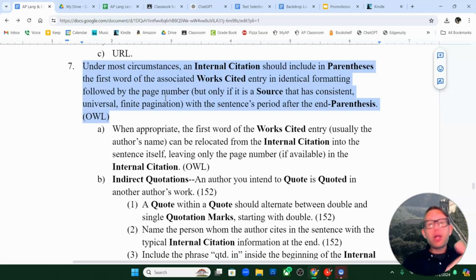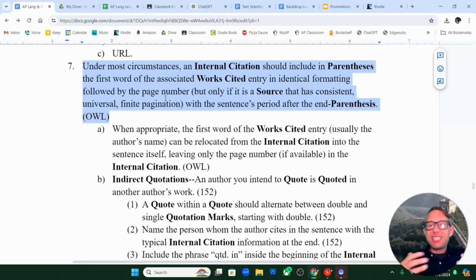If it was in quotation marks, then it needs to be in quotation marks in the internal citation. More likely than not, it's going to be an author's last name because that's usually the first word of the works cited entry. But whatever it happens to be in the works cited entry is the thing you plug into that internal citation, okay? And just for the record, as with the works cited entries, you need to be consulting your Purdue OWL for every one of your internal citations.